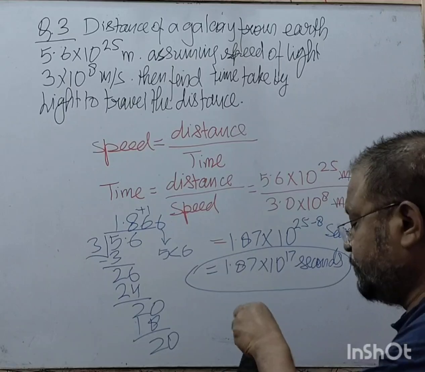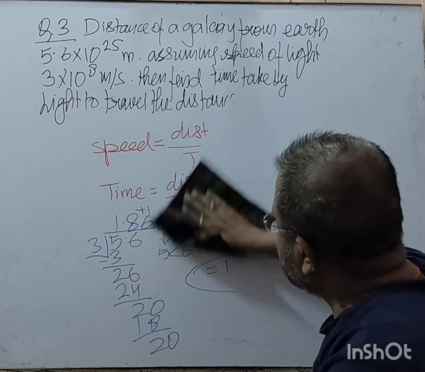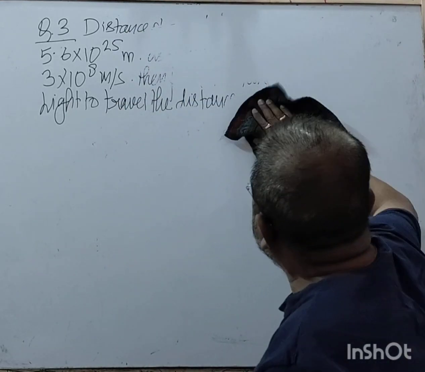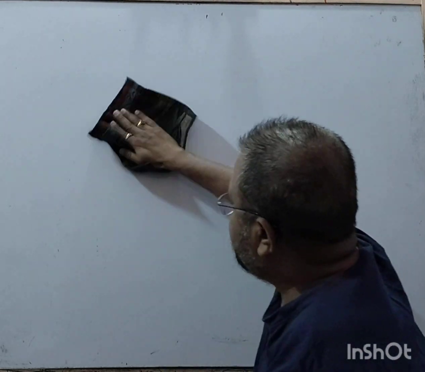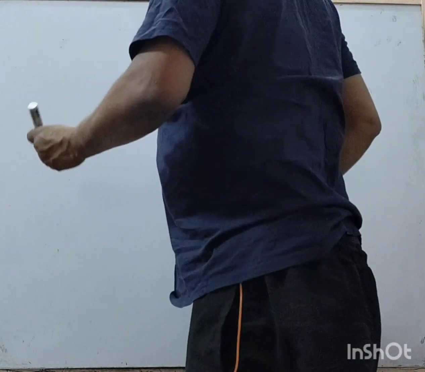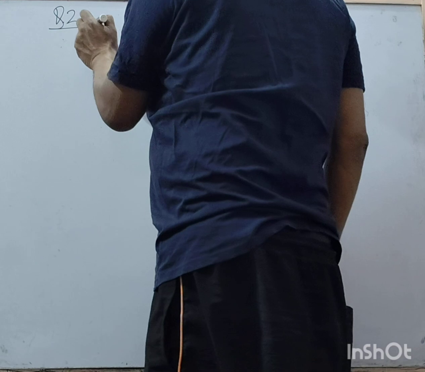This is question number 2. Why not doing 1? Sir, 1 we have done already. Okay. So what is question number 2?